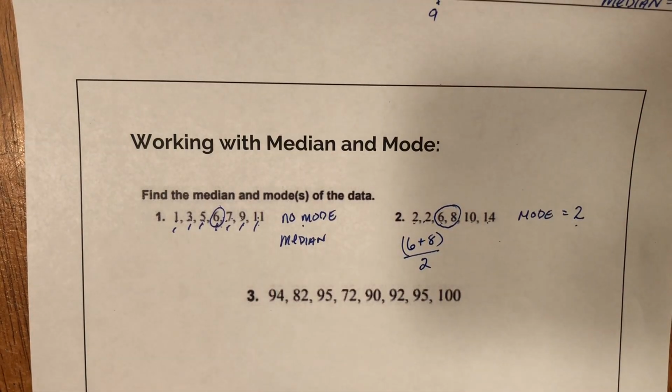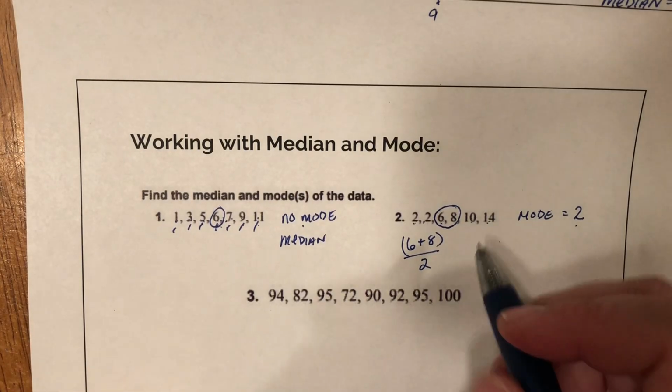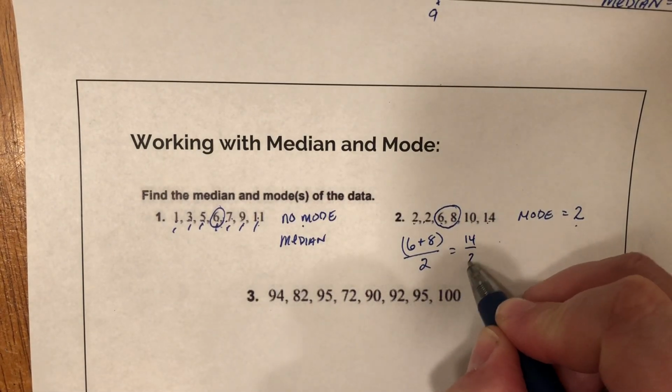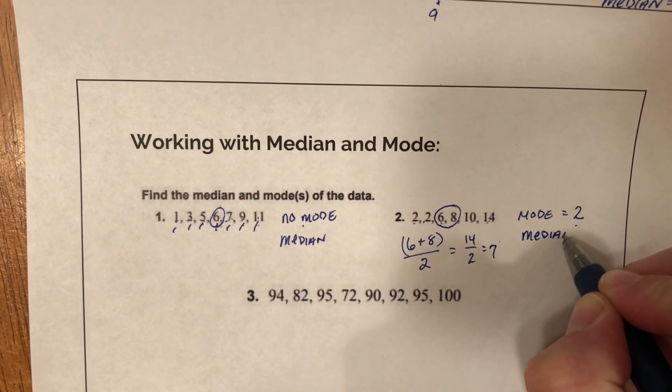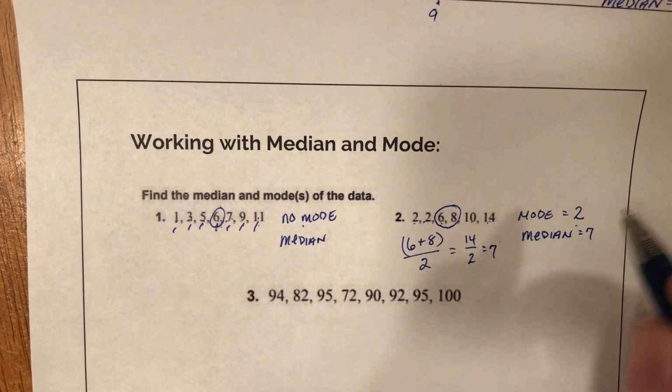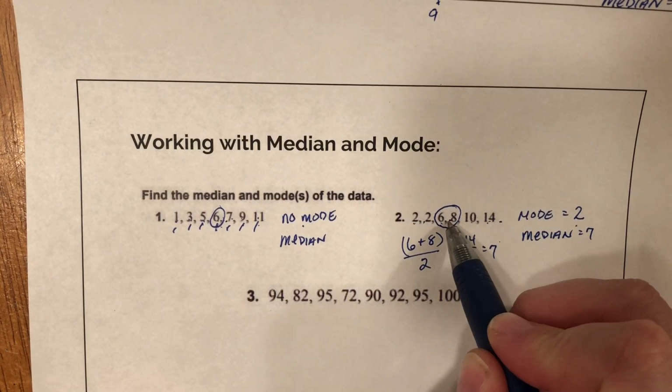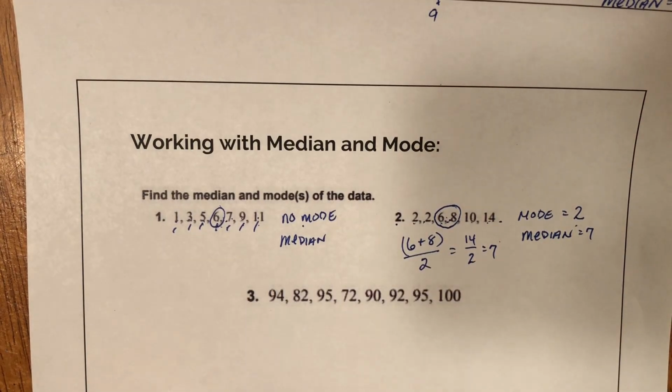That just finds you the number halfway between 6 and 8. Well, 6 plus 8 is 14, divided by 2 equals 7. So our median in this set of data is 7. So half the data is greater than 7, half the data is less than 7.